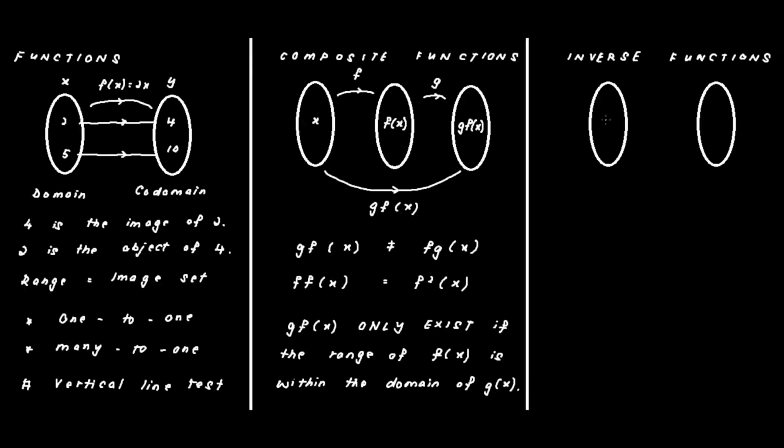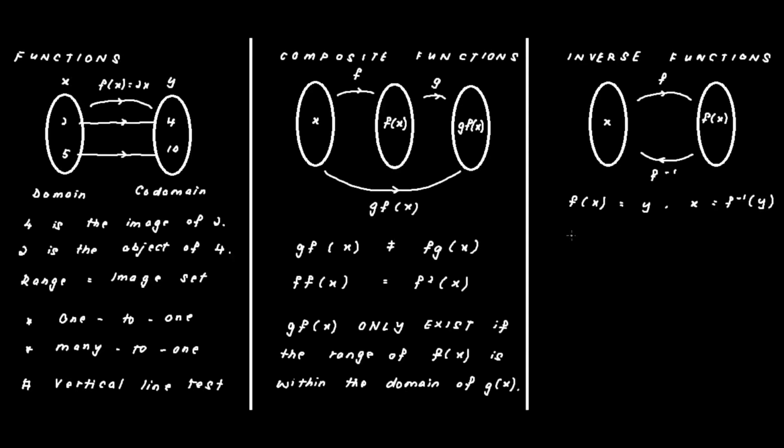For example, if I have f, after it maps onto the other set of values, then I get f(x), correct? So if I want to undo this process, it will be called the inverse. If f(x) equals y, in other words, to get back my x, I need to do the inverse of y. Okay, so that's the idea.